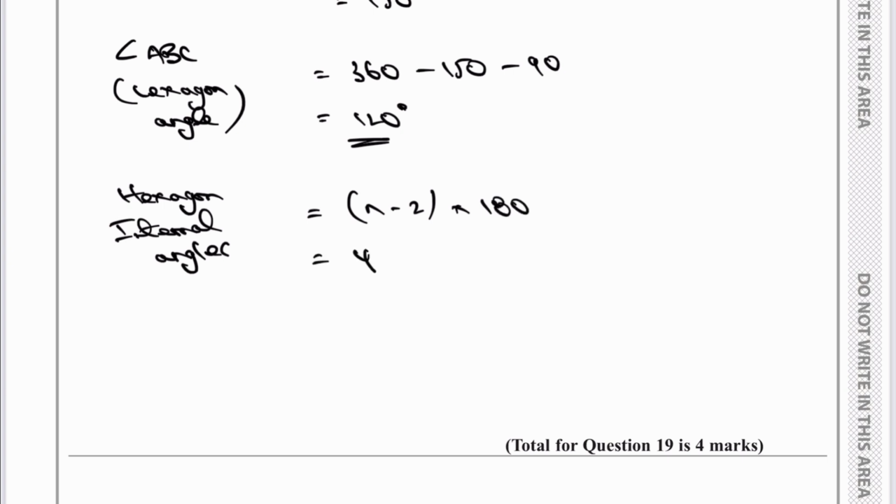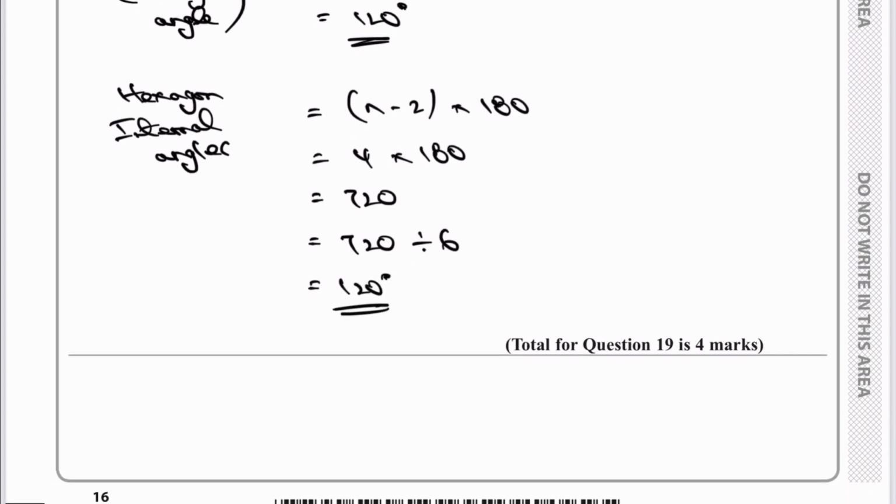Well, that's going to be 4 times 180 because there's 6 sides in a hexagon. That's going to be equal to 720, and therefore each angle is going to be 720 divided by 6, which is 120 degrees. Okay, so therefore it must be a hexagon.